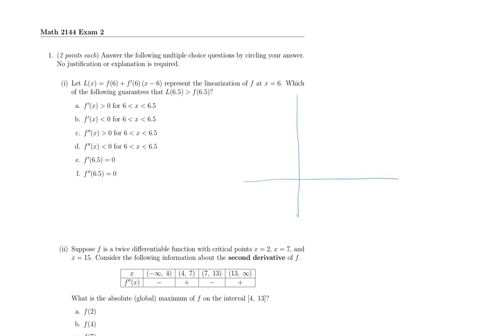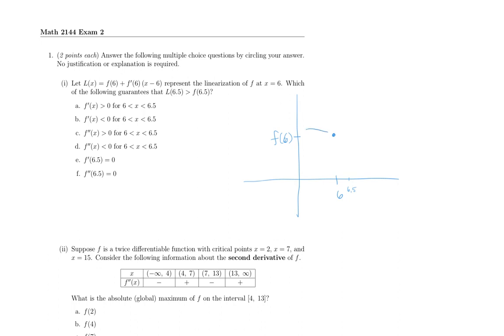So what I have here is some function where at 6 I have my f of 6, and my function is doing something, I'm not sure what, and then I have a linearization, which is the tangent line. What I want is that at 6.5, the line is on top of the curve, greater than f of 6.5.